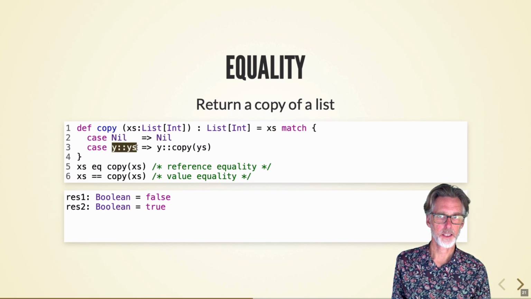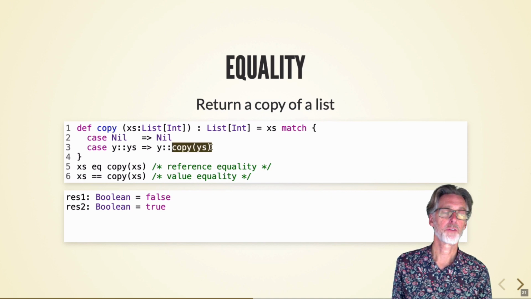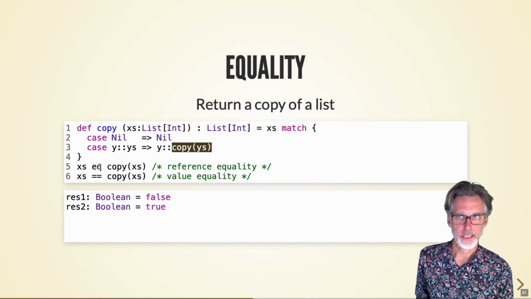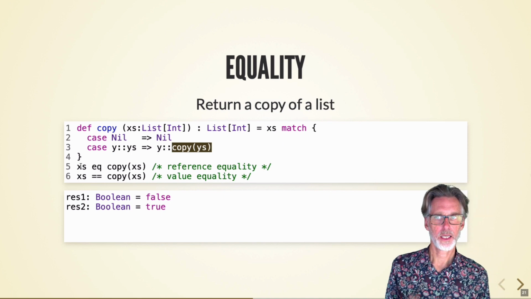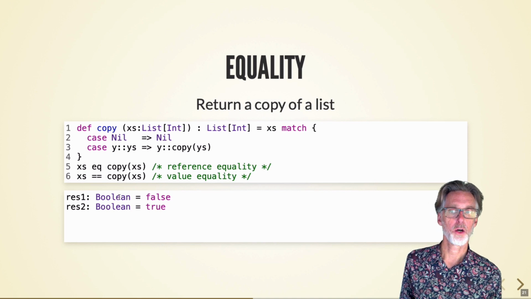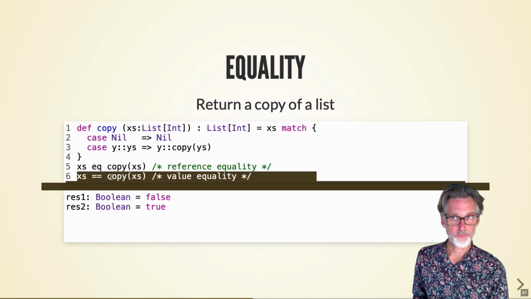If it's a cons, it will create a new cons containing the head element and a pointer to the copy of the tail. And in this case, if we ask, is the list pointer reference equal to its copy, the answer will be no. However, these are value equal.